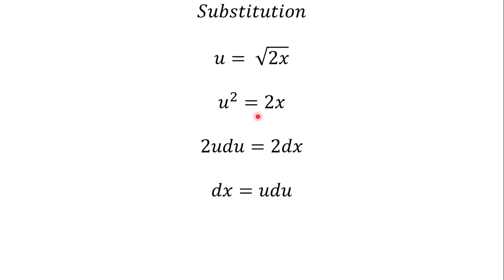From this equation, we're just going to divide this one by 2 and then divide this one also by 2, and that will give us x is equal to u squared over 2. When we enter the u world, we will replace x with u squared over 2. Let's enter the u world.